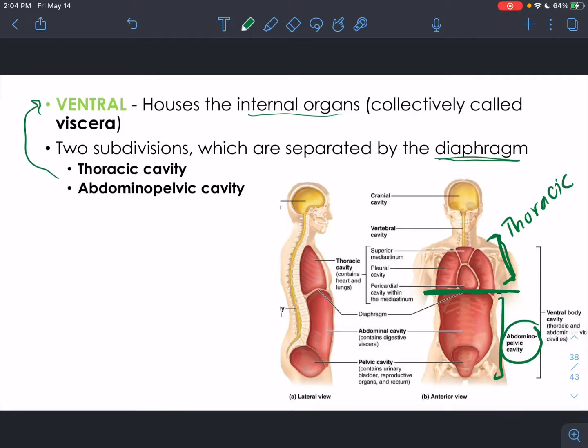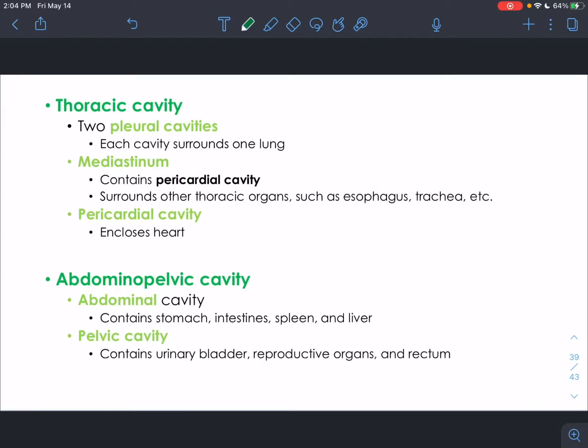These can be divided even further. So your thoracic contains 2 pleural cavities that go around the lungs. You have your mediastinum in the middle that surrounds your esophagus, trachea, etc. And also contains your pericardial cavity, which is around your heart.